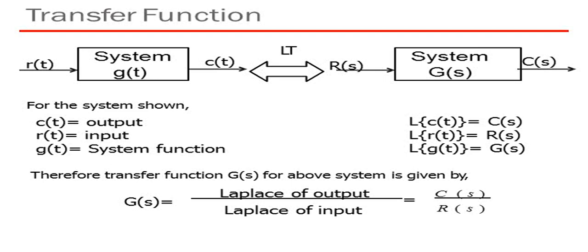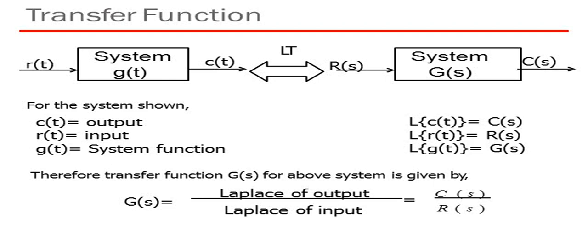You can see the notation on the left side, that is in the time domain system. It is represented in small letters, while in the right hand side, that is S domain, it is represented in the capital letters. So the system g of t after applying Laplace transform becomes system g of s, and here g is represented by the capital letter.